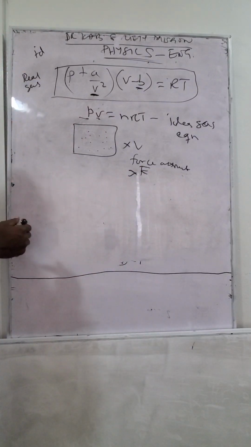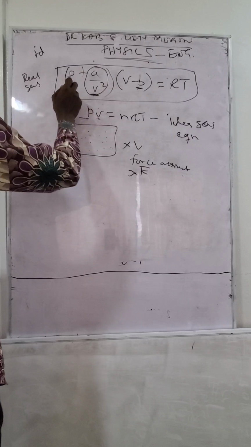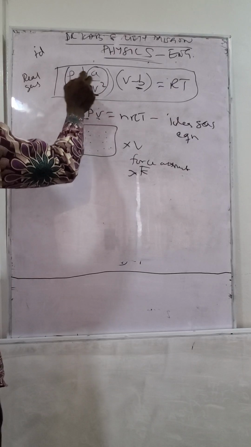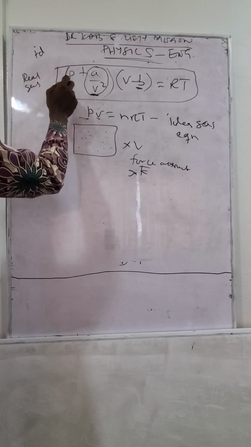Now, in accounting for that, this portion has been added to P to correct for the change in pressure, because this is a real gas situation and not an ideal one.